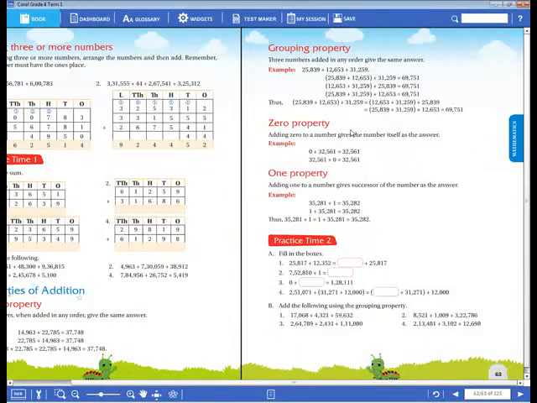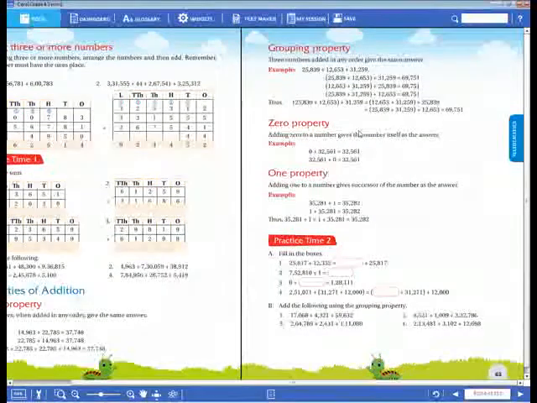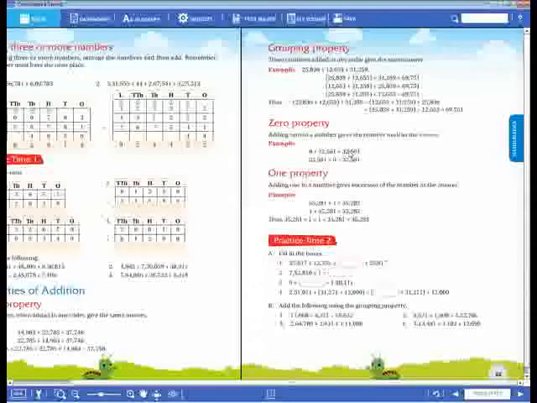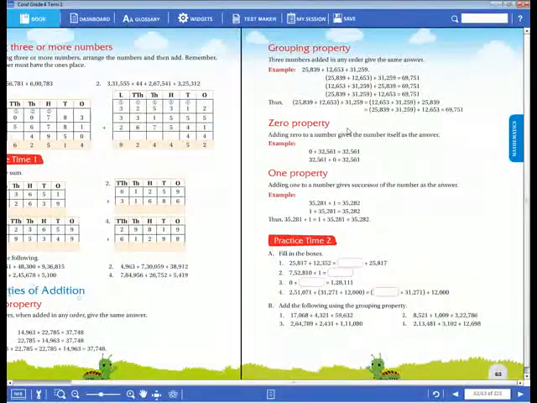Zero property means that if we take any number and add 0 to that number, we get the same number itself. Like 0 plus 5 is 5 only, and 5 plus 0 is also 5 only.